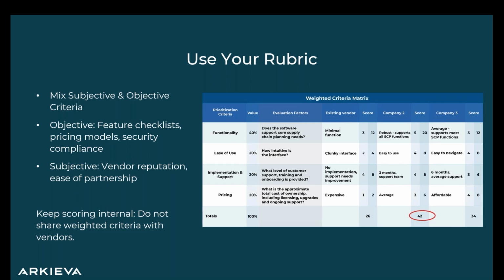Now, one question I get asked is, if we have such a matrix, do I publish it back to the vendors? Do I let them know that this is how I'm going to evaluate? My feeling about that is that you need to share that there is a pre-established framework, yes, and here are the general categories.